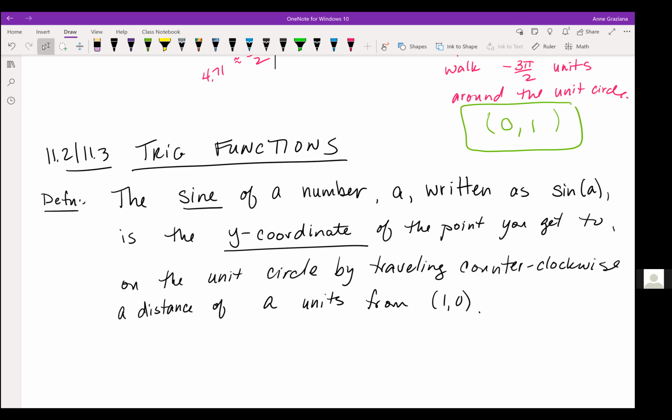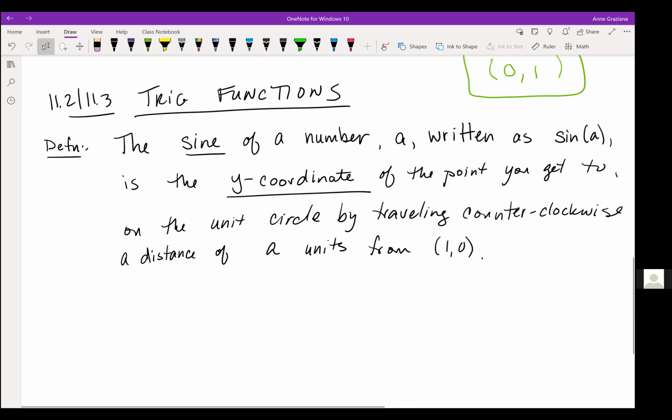And the sine of that number is the y coordinate, which is why we had to figure out how to get our coordinates. Everything step by step leads to the next place. Even though this says S-I-N A, we don't say "sin A," we say "sine A," just a matter of speech.